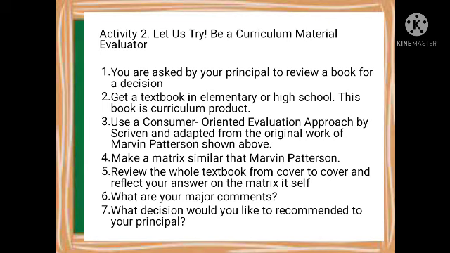Fourth, make a matrix similar to that of Marvin Patterson. Fifth, review the whole textbook from cover to cover and reflect your answers on the matrix itself. 6. What are your major comments? 7. What decision would you like to recommend to your principal?